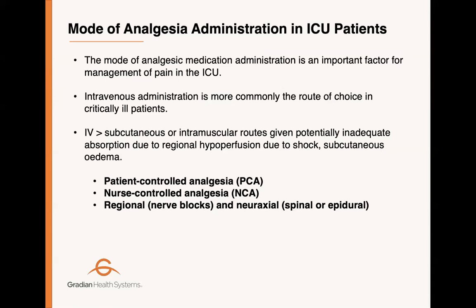That's when we're talking about the bioavailability of a drug. The only way we can ensure what we are giving has reached the systemic circulation in these critically ill patients is IV. However, there are other patients that you can give oral or IM, and this depends on the characteristics of your patient.